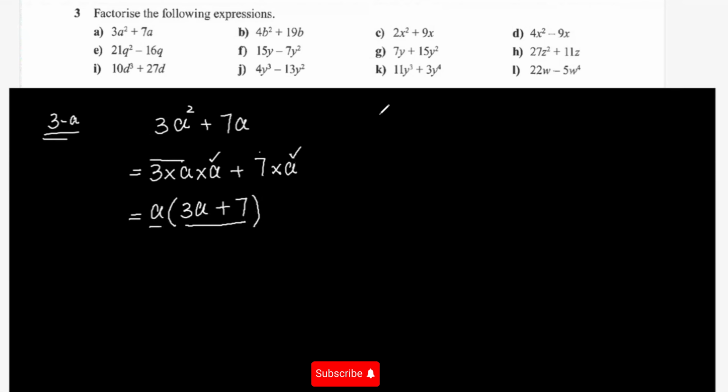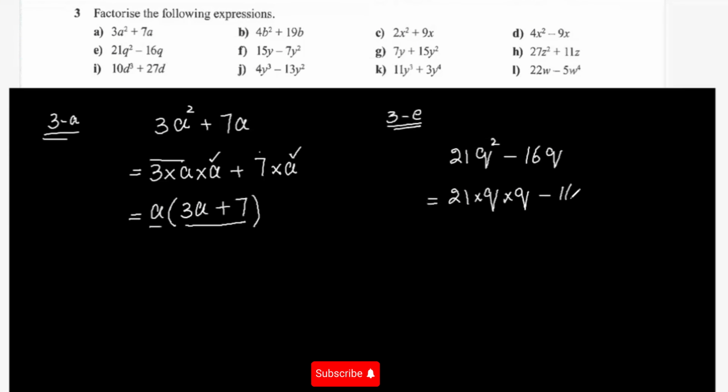If we try one more question, like 3e, what do we have? We have 21q square minus 16q. Here we can see that we have 21 and q square, which means 21 times q times q.